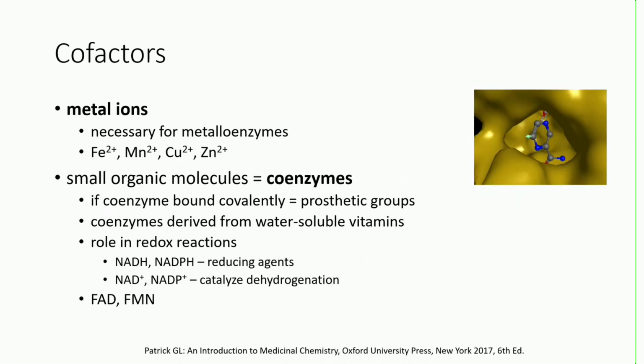There might also be some other components in the active sites of enzymes, so-called cofactors. These can be, for example, metal ions or coenzymes. As for the metal ions, they are present in metalloenzymes, and they play a role in coordination of the substrate in the binding site.